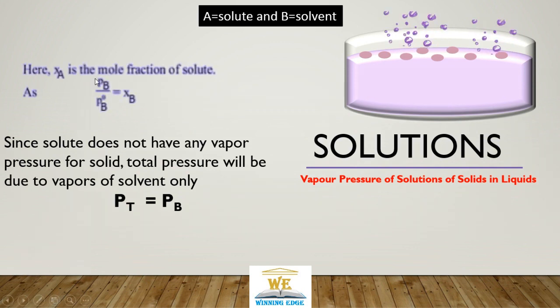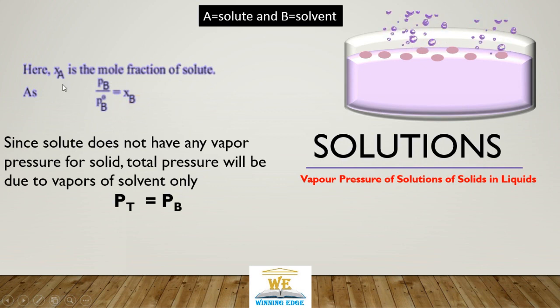In modified Raoult's law, earlier we had Pt, which is total vapor pressure of solution, but we know in case of non-volatile solute, we have a vapor pressure of solvent only, so Pt can be replaced with Pb as per this equation, and this is the mole fraction of solvent.